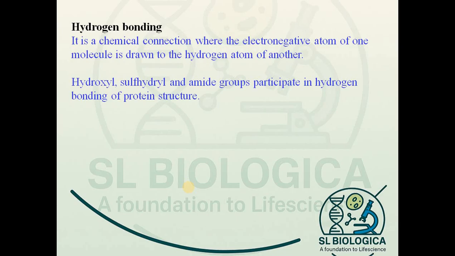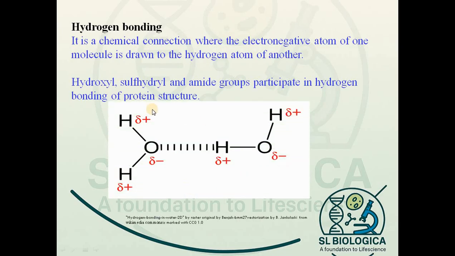Then coming to hydrogen bonding, we know that hydrogen bonding is a kind of strong interaction you can find in water molecules. It is the interaction between an electronegative atom and a hydrogen atom. It is a chemical connection where the electronegative atom of one molecule is drawn to the hydrogen atom of another.